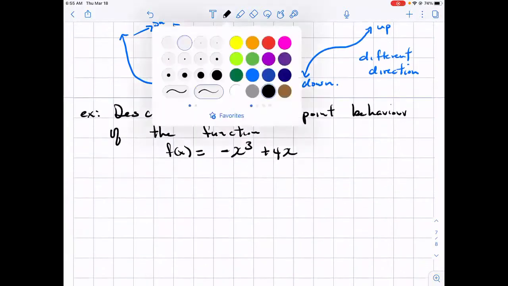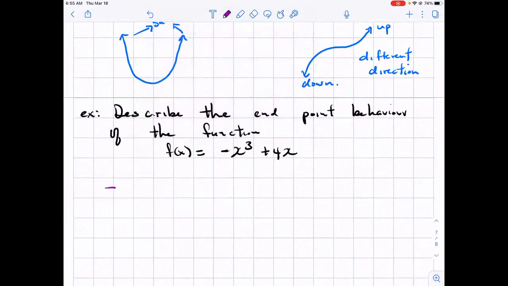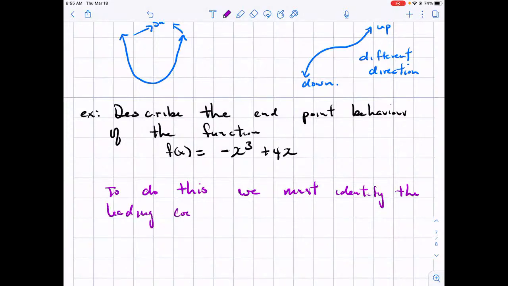To do this, we must identify the leading coefficient and the degree.